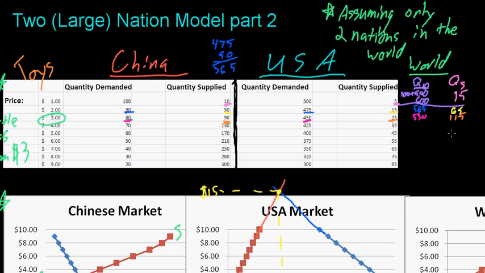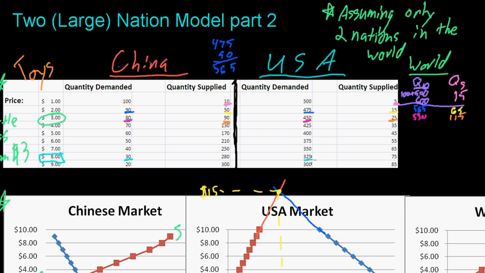So if you go ahead and add all those up all the way down, you'll find out that the equilibrium is at a price of $8. And this I just know from the last video that I did in Excel, where China will demand 30 toys, and the USA will demand 325.